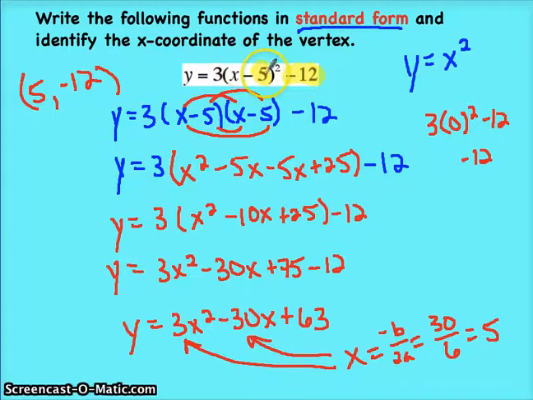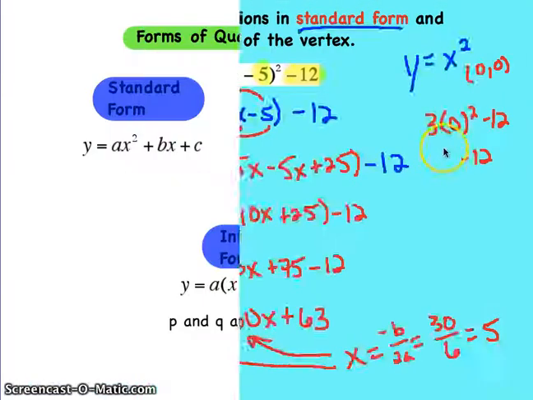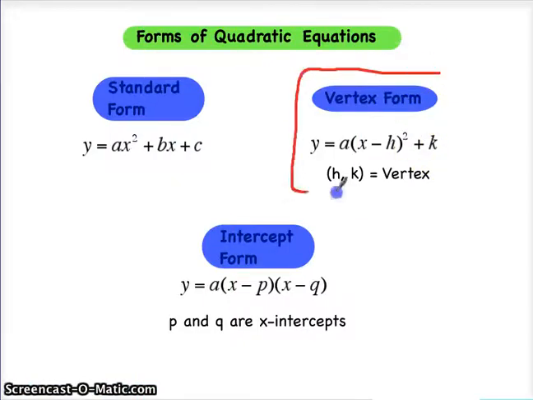X minus 5 actually shifts us to the right 5 units. So instead of being at 0, 0, like we would have been for y equals x squared, we're 5 units to the right, or at x equals 5. Minus 12 is a vertical shift, or we're moving 12 units down, which is why our y value comes out to negative 12. And that's really getting to what's called vertex form.